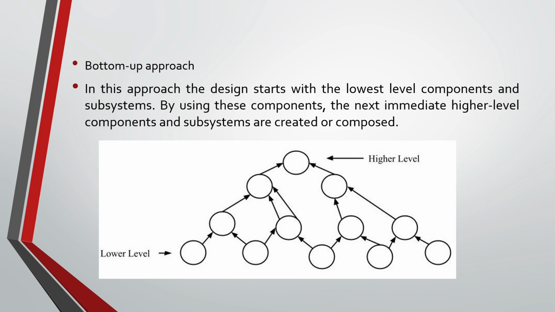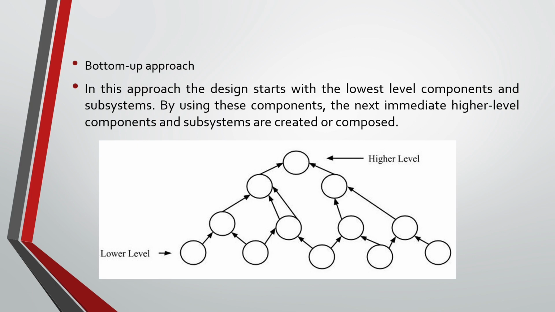On the other side, we have the bottom-up approach. In this approach, the design starts with the lowest level components and subsystems, and it goes from the lowest part to the highest level. By using these components, the next immediate higher level components and subsystems are created, and we follow this process all the way to the top.